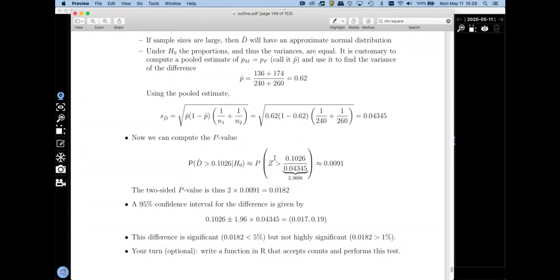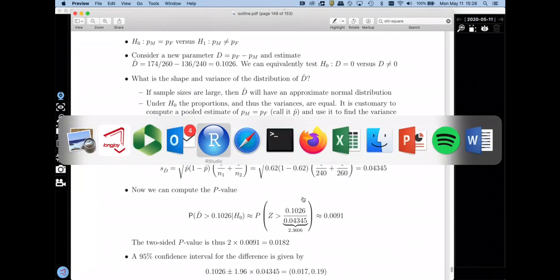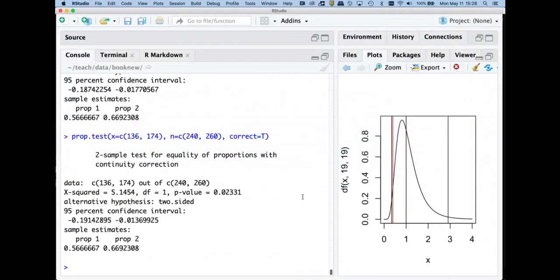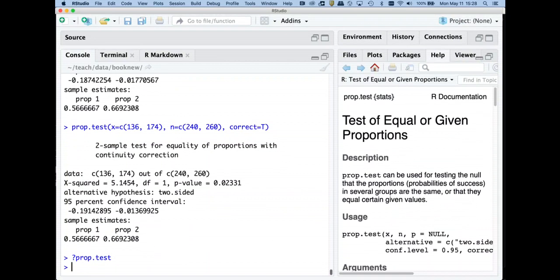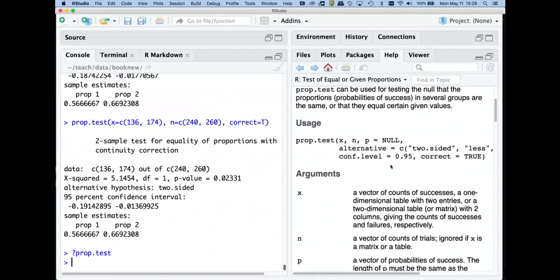Another thing that I want to show is how to do this test in R. So let's go over to R, and there's a function here called prop.test, and we can read the help page on this. Basically what we do is we give it a vector of counts of successes. Those would be my x's, and that's why R calls it x. And then I give a vector of n's as well.